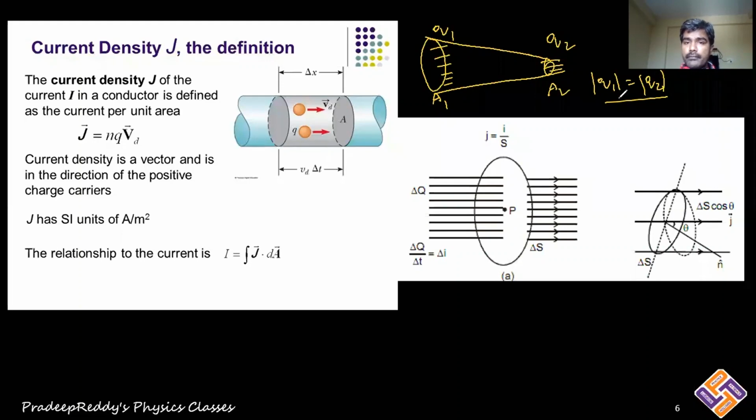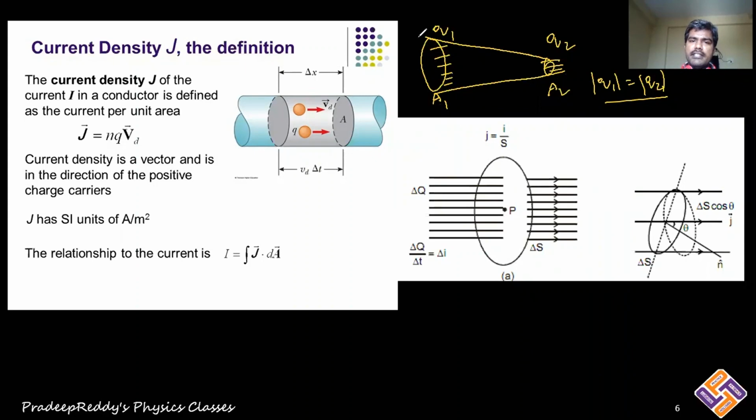Remember that charge is being conserved. Whatever charge is flowing through area of cross section A1, the same charge should flow here also. But remember, the current coming over here in region 1 and in region 2 is not the same because it varies with respect to time.